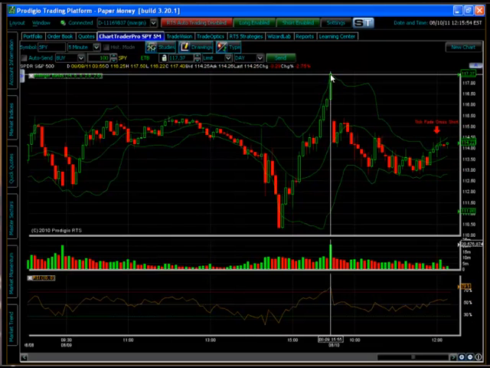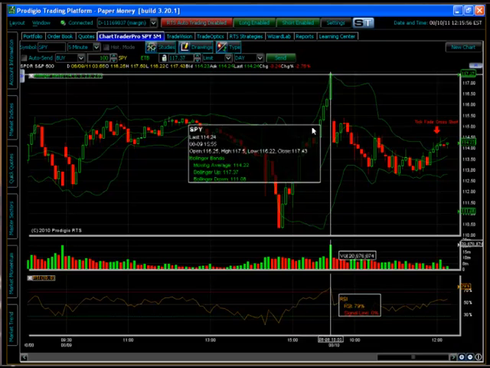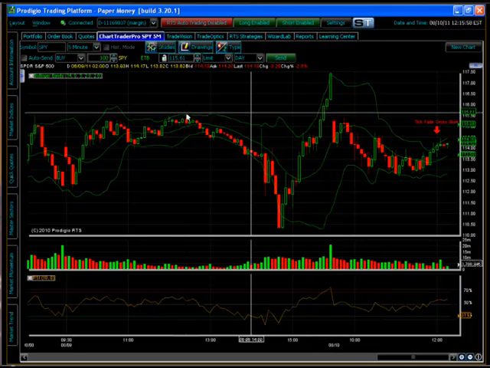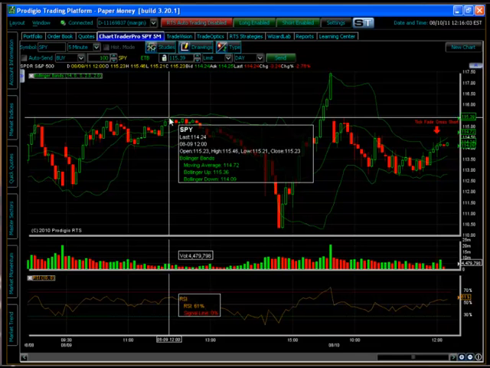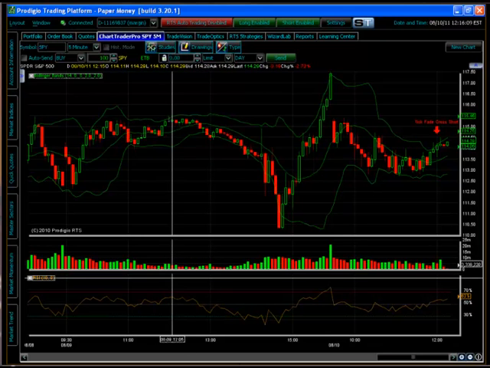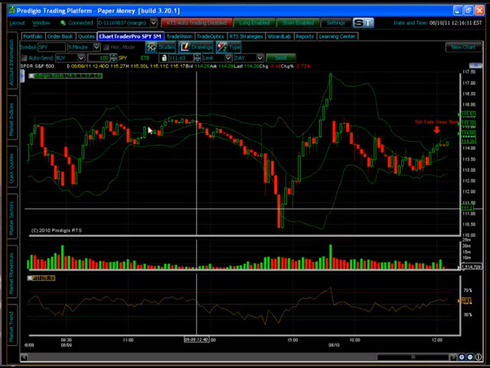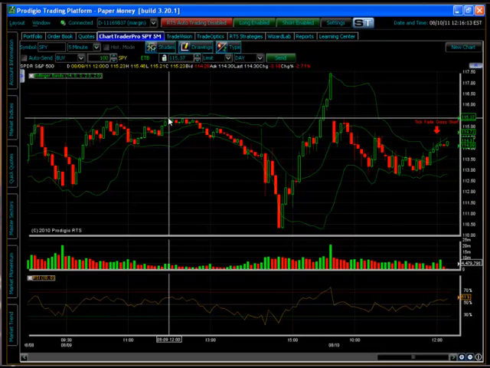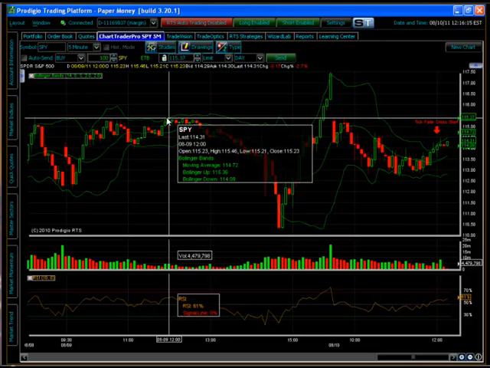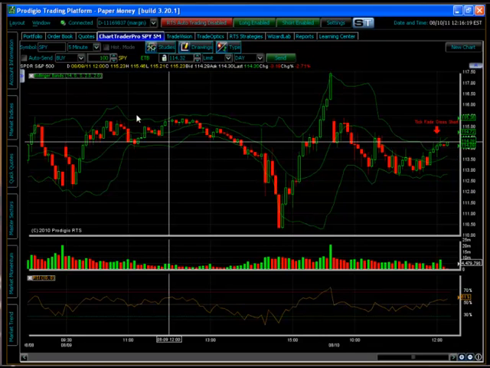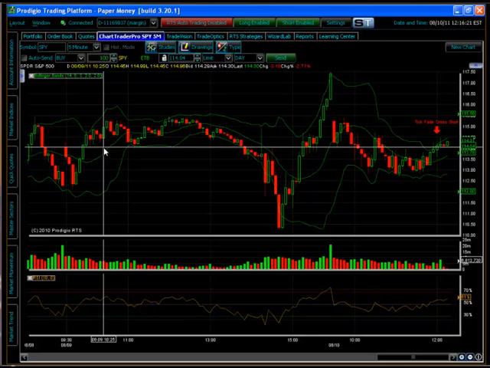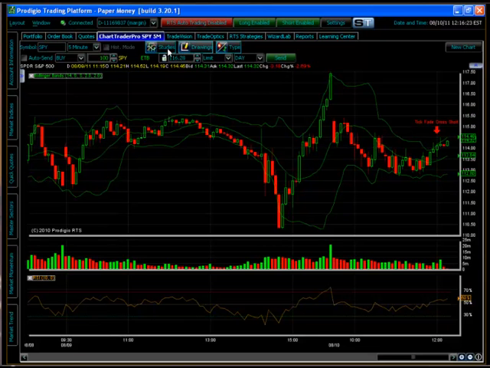Other than that extreme point at the end of the day, if you look backwards in time, the last point that price breached this upper Bollinger Band was right here yesterday at 12 o'clock. Now this high price is 115.46, and what happened when it breached this upper Bollinger Band is that within the relative range that I'm circling with my cursor, you see how I could create lines of support and resistance.